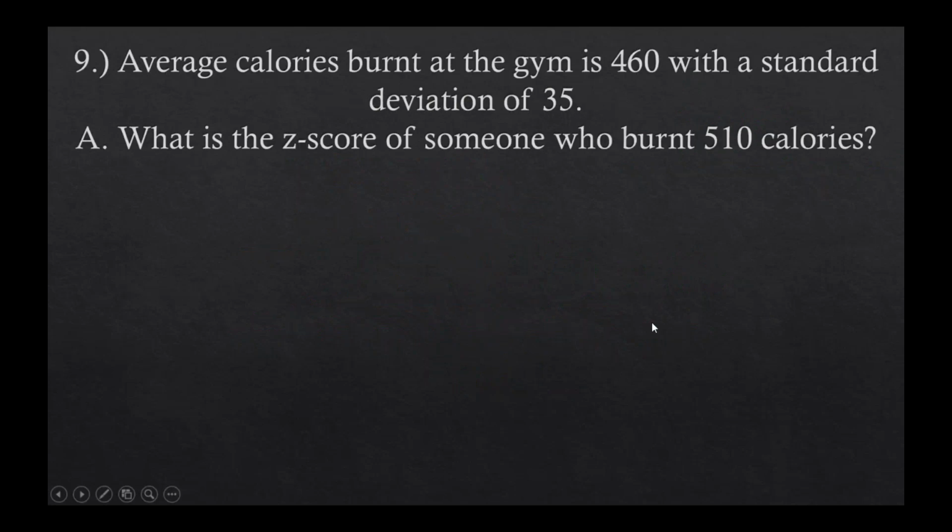Okay, so let's do a problem here. Average calories burned at the gym is 460 with a standard deviation of 35. What is the z-score of somebody who burnt 510 calories? Do you remember the formula? Z equals value minus mean over standard deviation. Perfect. Okay, try it.